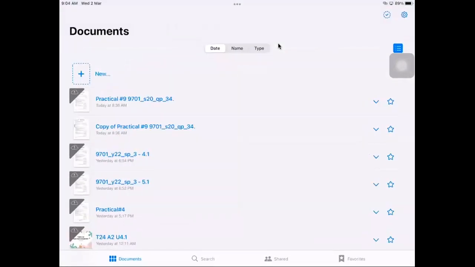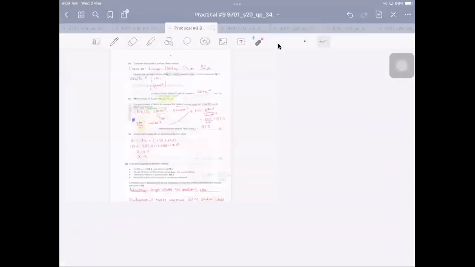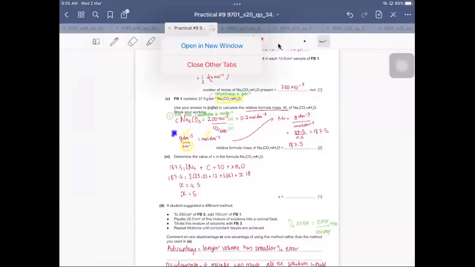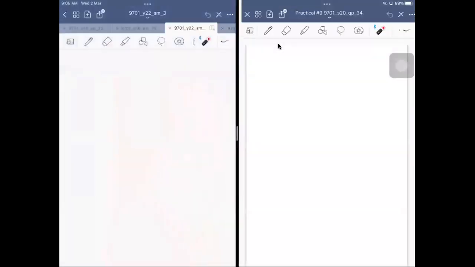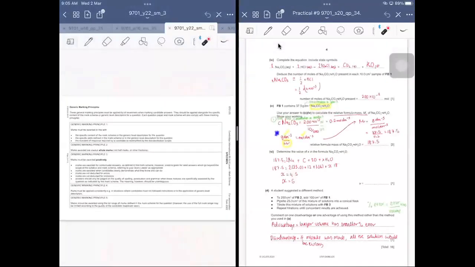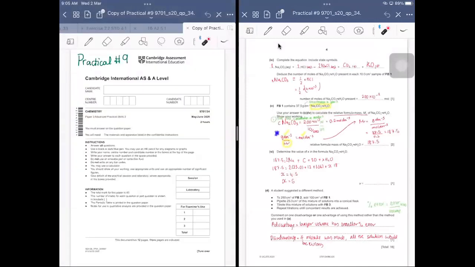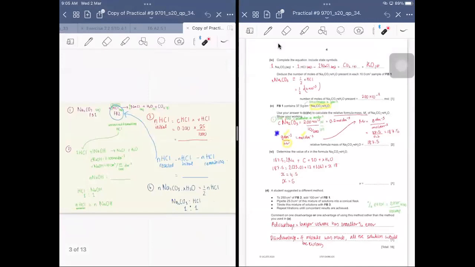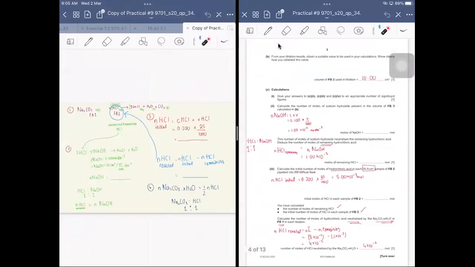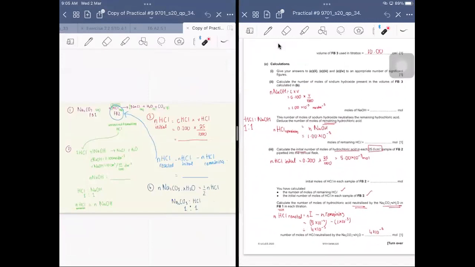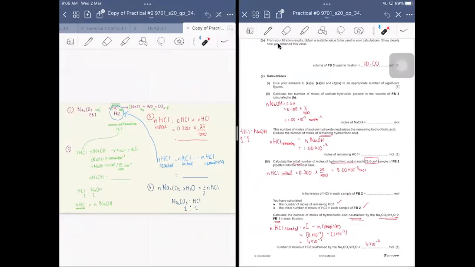Let me just have this for you side by side. Okay, so I'll leave that for you for now. If you want to copy down the working, you can. Not sure if you can see it though.